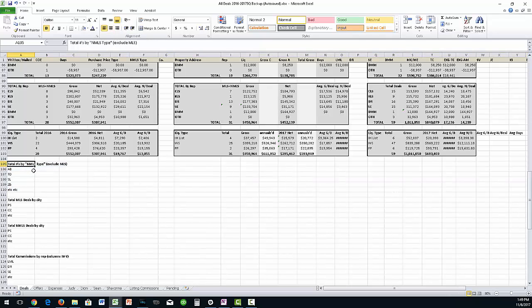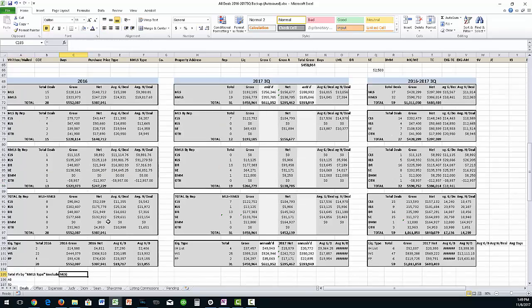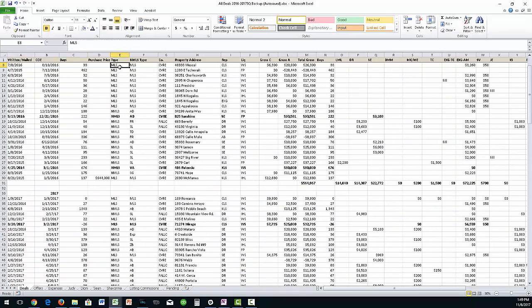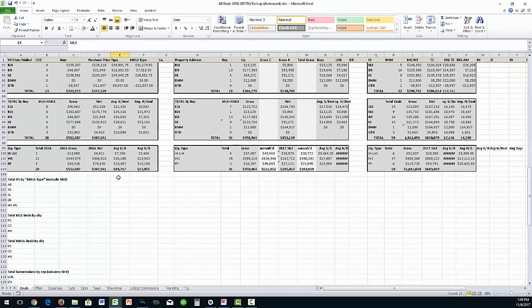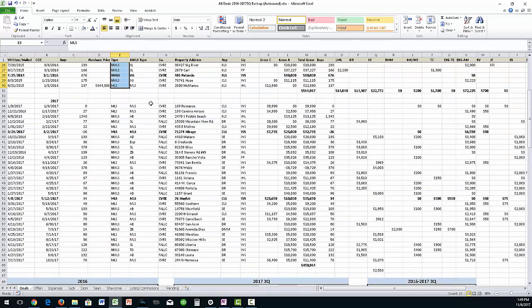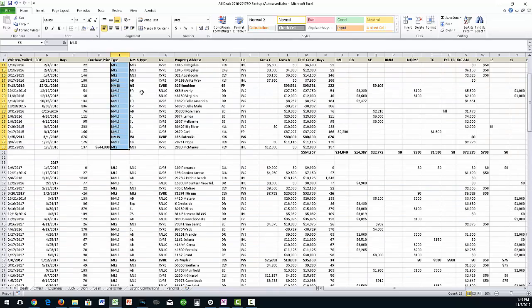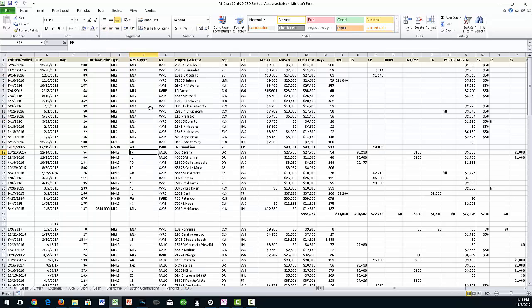Total deals by non-MLS type. So this won't include MLS. This would be keying off of column E, but it would also take into consideration the type. So how many FR deals?